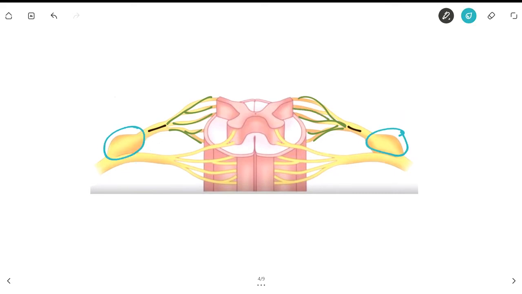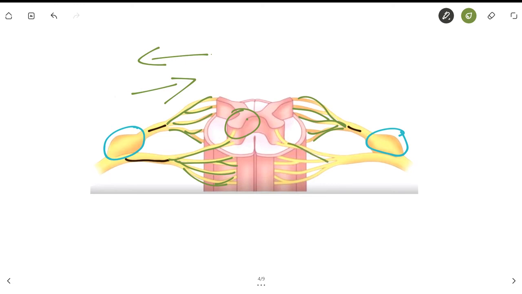On the ventral side, you only have a ventral root, which is this area right here. The ventral root branches off into ventral rootlets, and that ends up going to the ventral horn. On the other side, it's going to be the same thing.